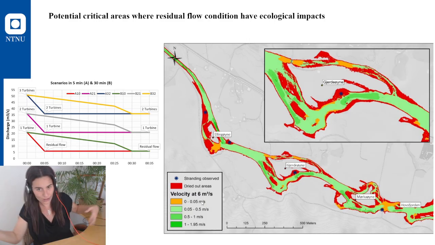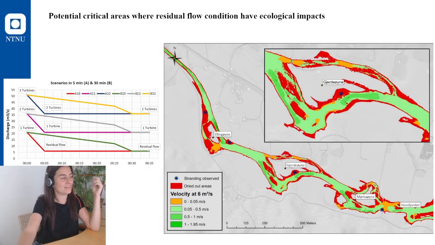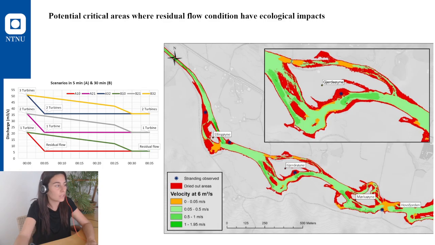So we did a model, we calibrated, and we ran many hydrographs that you can see here to quantify the potential critical areas where residual flow conditions have ecological impacts. If you look at the hydrographs here, I'll put myself here.